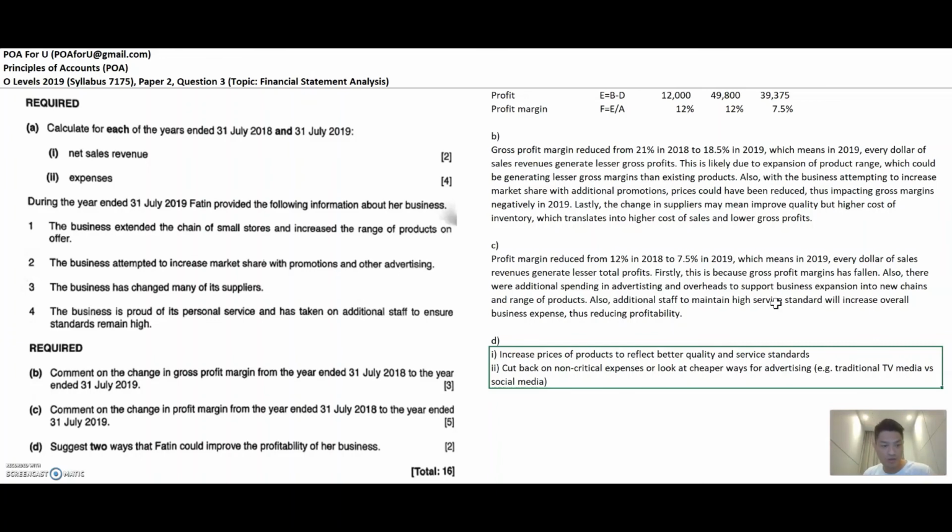And you could also reduce non-critical expense or find cheaper ways to advertise, right? Because today, traditional TV media is very expensive, and it's less cost-effective than social media and stuff like that, which also could be more direct to consumers and effective. So these are options that you could consider for this question.